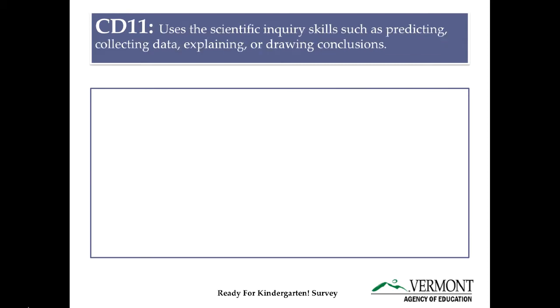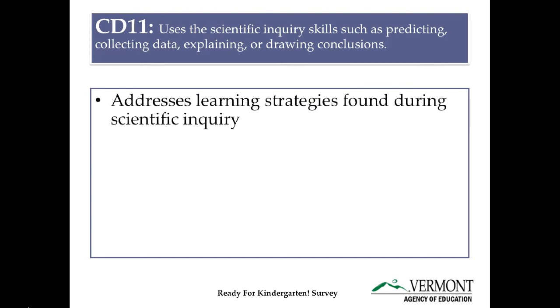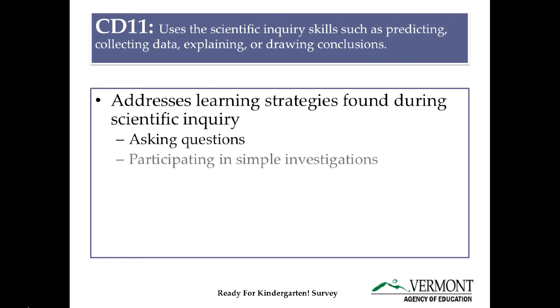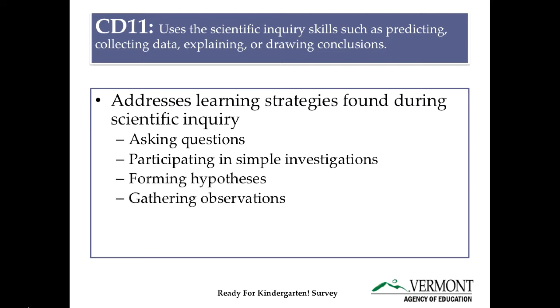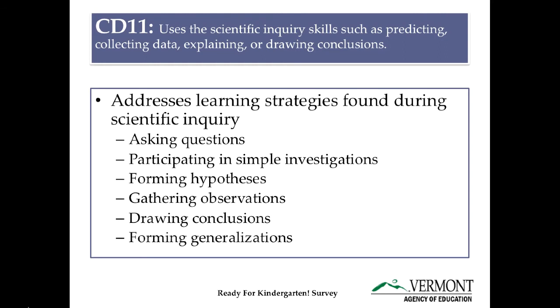Cognitive development item 11. A child uses the scientific inquiry skills such as predicting, collecting data, explaining, or drawing conclusions. This item focuses on learning strategies that make up the scientific inquiry process. This includes asking questions, participating in simple investigations, forming hypotheses, gathering observations, drawing conclusions, and forming generalizations.